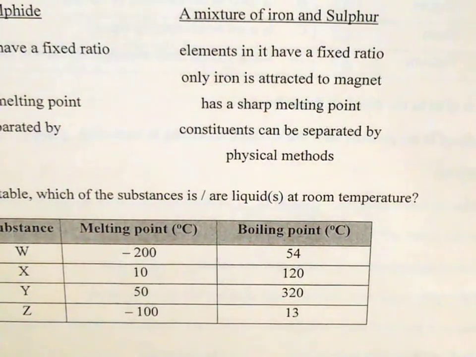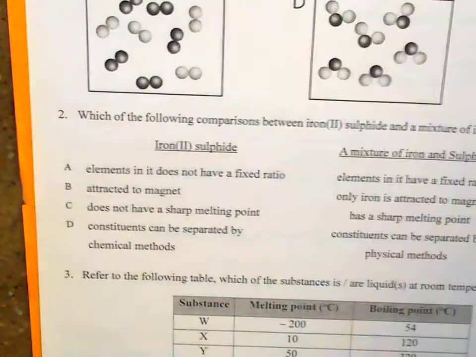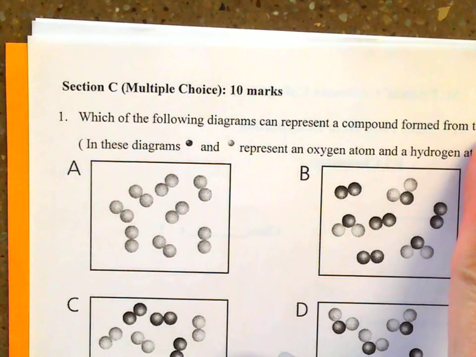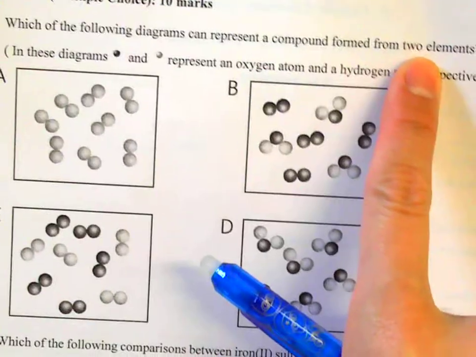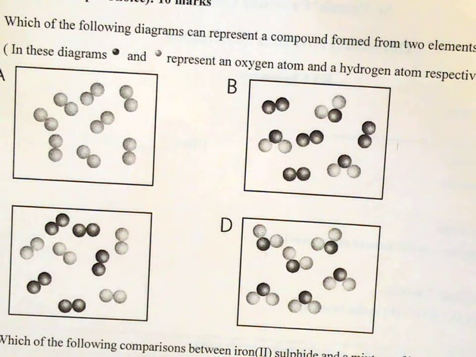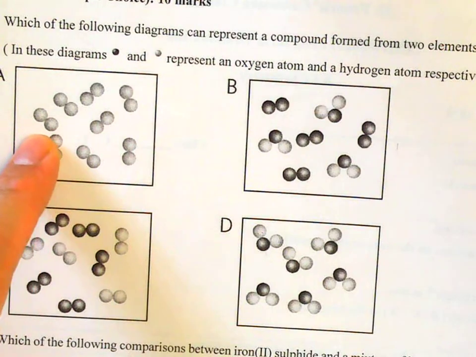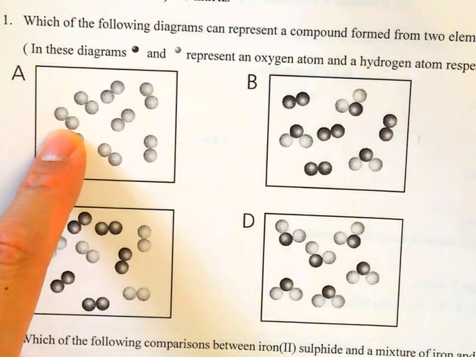Okay, and then for multiple choice, you are going to choose which one will be a compound formed from 2 elements. That means you have to have 2 colors, and that should be a compound. This one obviously is only an element, the same element.